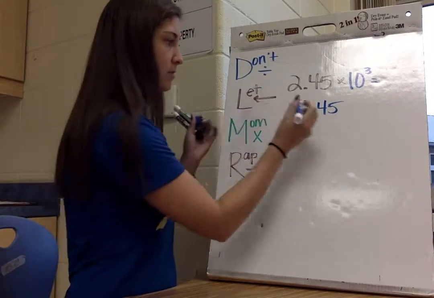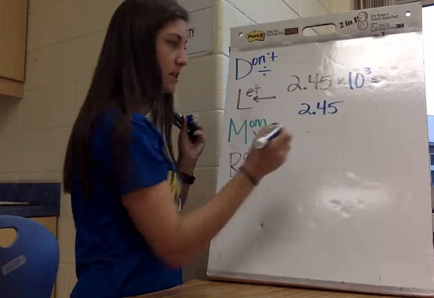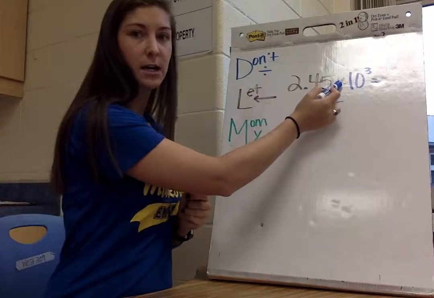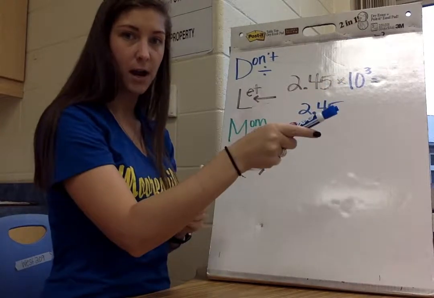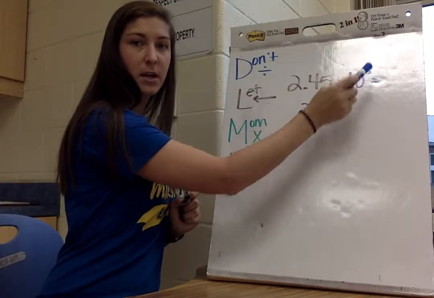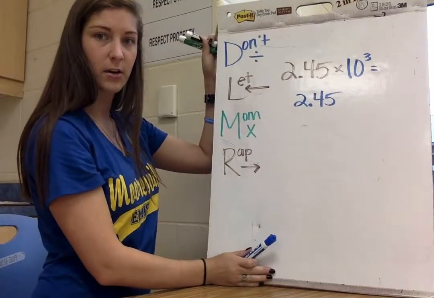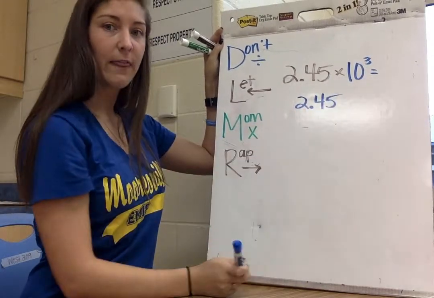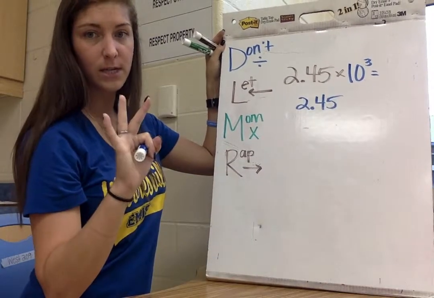There's my decimal right there. Because I am multiplying, I have to move it to the right, and because my exponent is 3, I have to move it 3 times.